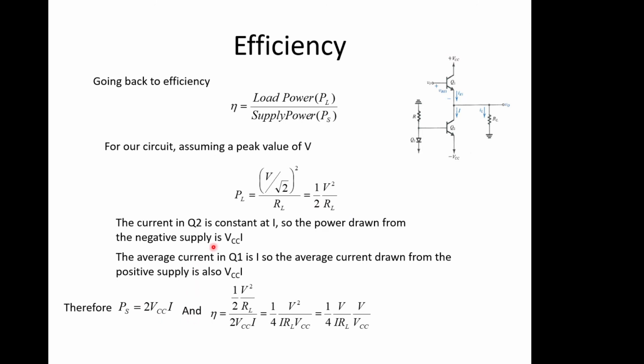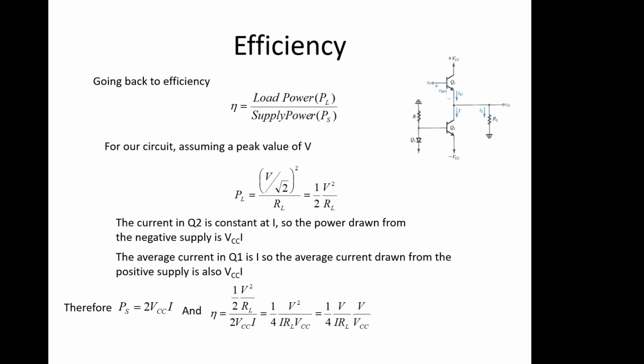So therefore the efficiency becomes power into the load, which is this one here, your V squared over 2 RL, over 2 VCC I. And if you start to put the maximum values for V in, saying that V can get to VCC as its maximum, then the maximum case becomes when V equals VCC.